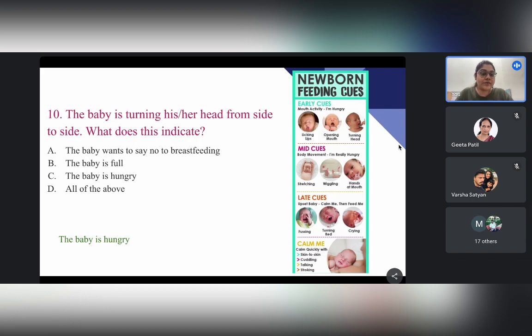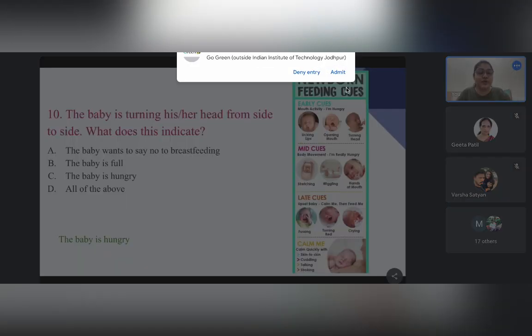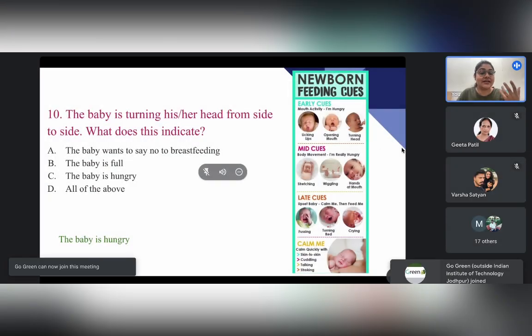These are very important. There are many women around us who are not really well informed about all these features. Maybe they know that this is happening, but it is very much required to make them understand that this is how the baby is trying to speak to you. These are the hunger cues, and what happens after the baby is full.